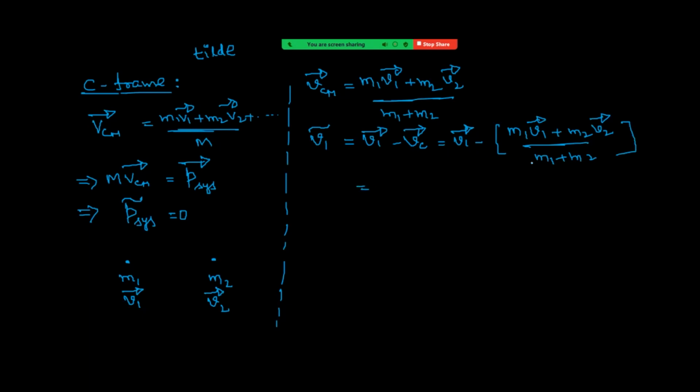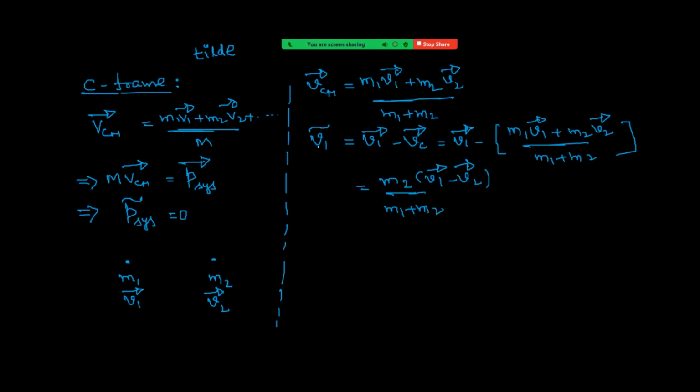Now see carefully. M1 V1 bar minus M1 V1 bar gets cancelled. M2 V1 bar minus M2 V2 bar, so I can write it taking M2 outside: M2 into V1 bar minus V2 bar upon M1 plus M2.